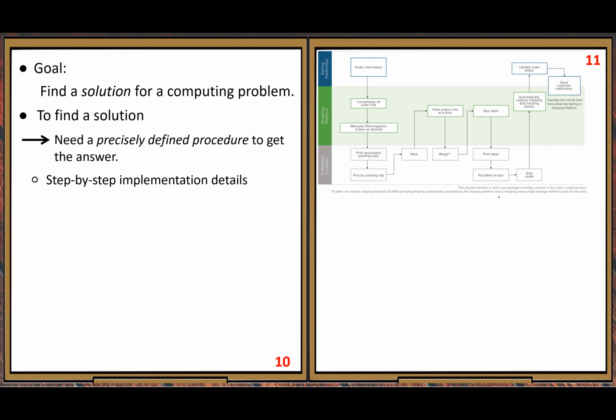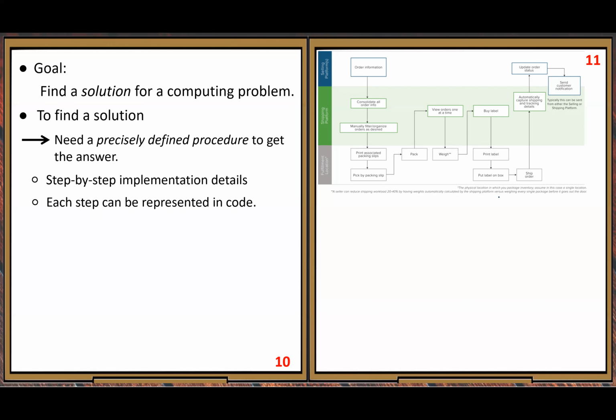So we need to solve these sub-problems and put them together to get the whole problem solved. So we put it in a diagram, usually to solve a relatively complicated problem. We need to do that.